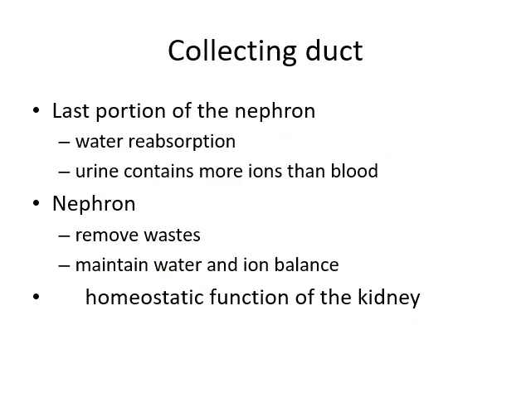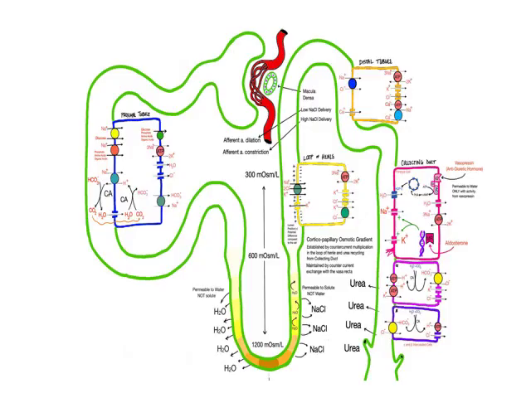The last portion of the nephron, the collecting duct, is where water reabsorption takes place. Urine contains more ions than the blood, so urine is more concentrated than the blood. There will be more osmotic pressure. The nephron removes waste and maintains water and ion balance, so the homeostatic function of the kidney is also important.